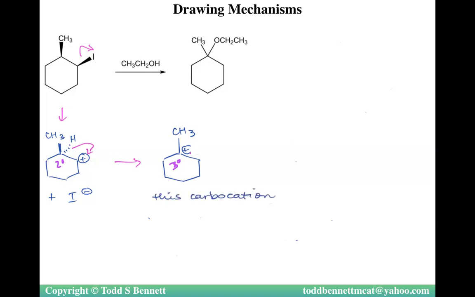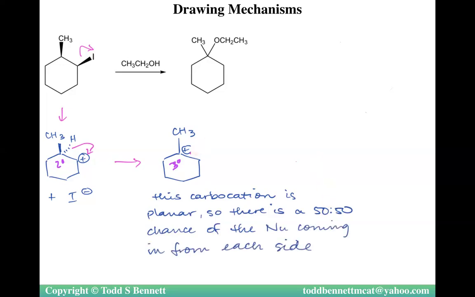And now instead of elimination, you can have a nucleophile come in. The nucleophile, as mentioned here, could come in from the backside or the front side equally. Because it's a symmetric molecule, it doesn't matter, but you have to consider the stereochemistry. So if there was a chiral center here, then it would matter. So this is going to come in as a nucleophile.